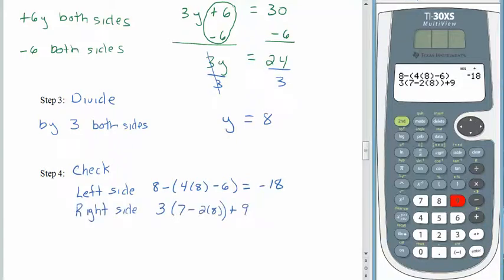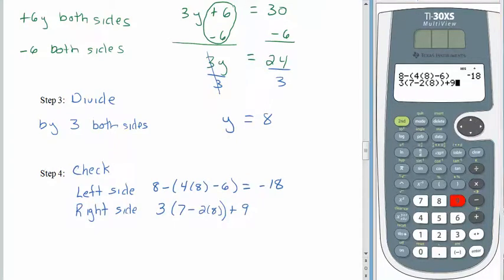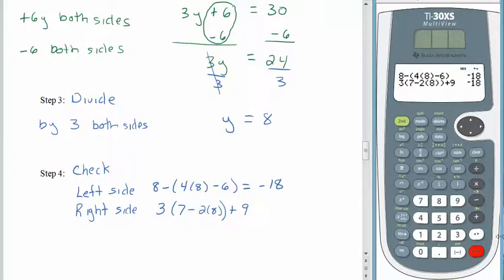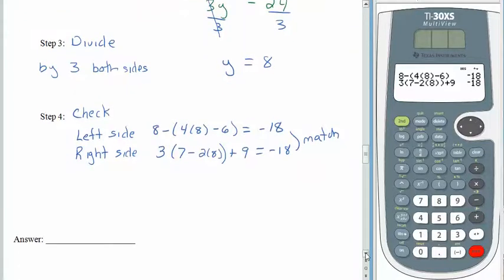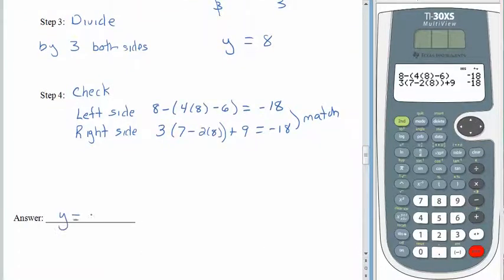On the right-hand side, your work should look like this, and of course we type it in the way we see it on the paper on your calculator, and still come up with negative 18. These match. We know that our solution is correct, and y is equal to 8.